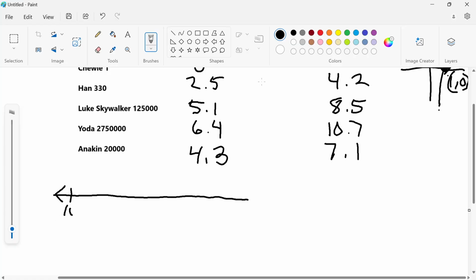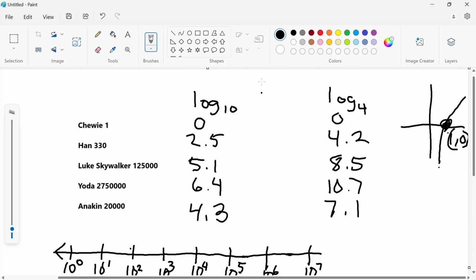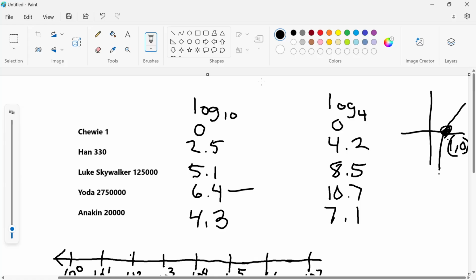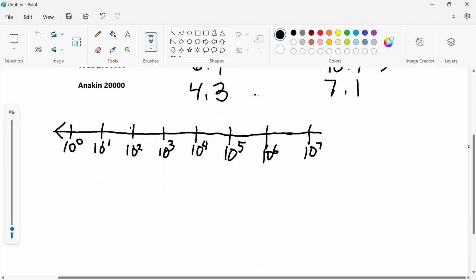Here's 10 to the 0 power, 10 to the first, 10 to the second, 10 to the third, 10 to the fourth, 10 to the fifth, 10 to the sixth, and here's 10 to the seventh. So for the 10s I've got to go up to about 7 because my largest number is 6.4. For the log base 4 I'm going to have to go up to 11 because my largest power is 10.7.